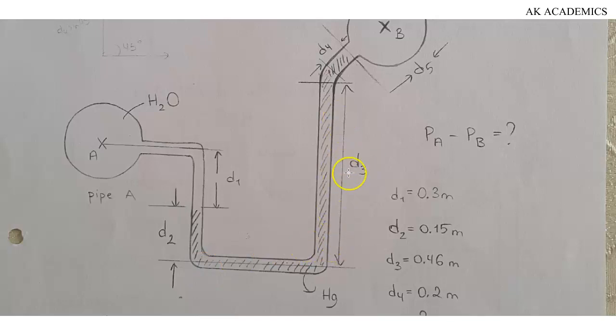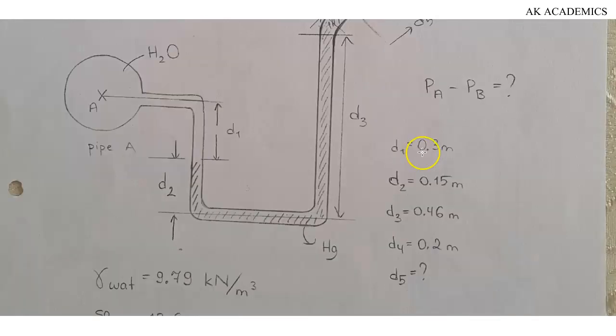The pressure due to this height D3 would be negative because this time it is upward. The pressure due to D4 would also be negative because it is upward, and then we equate everything to the pressure at point B. Don't worry. Also note that the pressure due to D5 would also be negative because it is inclined upward.